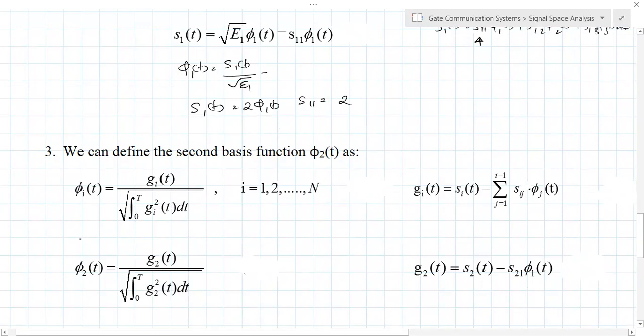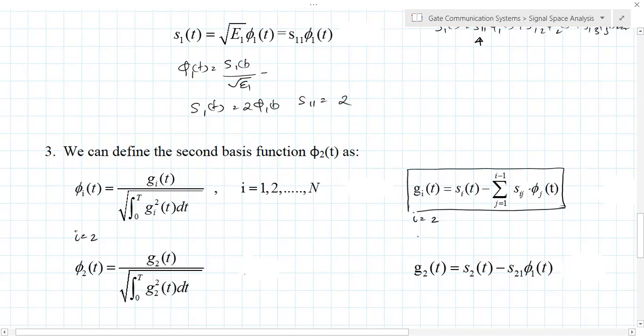So in this formula, if you put i is equal to 2, you will get phi 2 of t, that is g2 of t by the energy of that signal. Okay. And then we need to evaluate g2. So the general formula for g i of t is given here, and in this formula, you can put i is equal to 2.